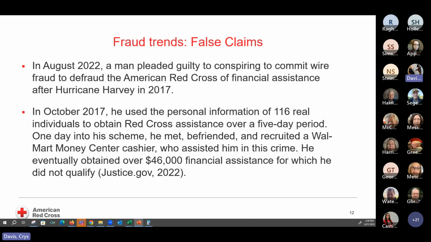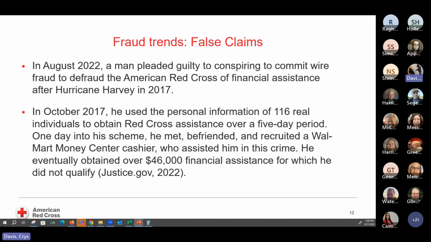Other examples of false claims sometimes do not involve identity theft. So, for example, my neighborhood was just hit by a bunch of severe storms over the last week. However, my home, despite losing power for several days, did not sustain damage.